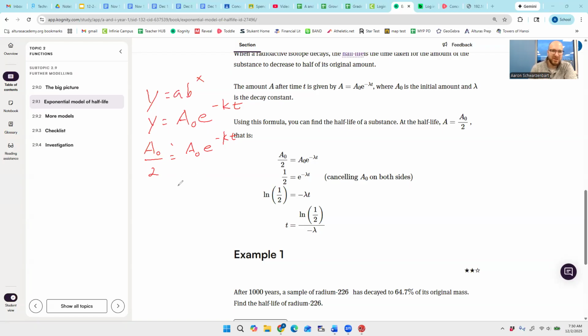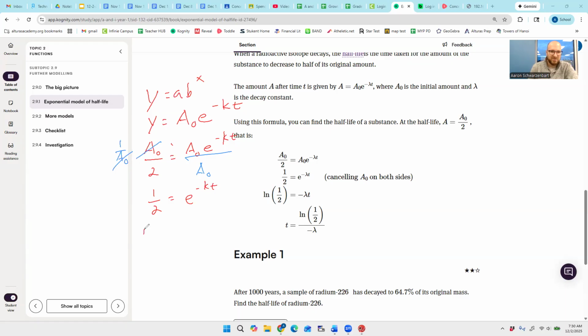So if I want to solve this, I can divide both sides by a0, which will cancel those, leaving me with this beautiful little simple equation: 1/2 equals e to the negative kt.